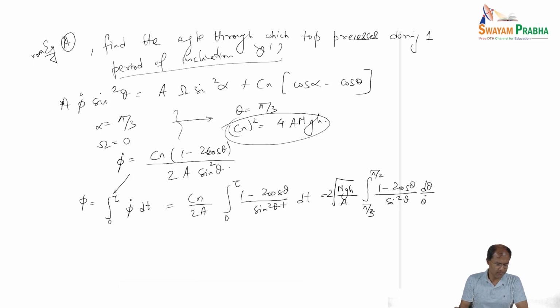The period has already been found for one nutation, so rather than using the period, we have used the angle information, and when we do that, we find that the answer is roughly 1.69 radians, or 97 degrees.